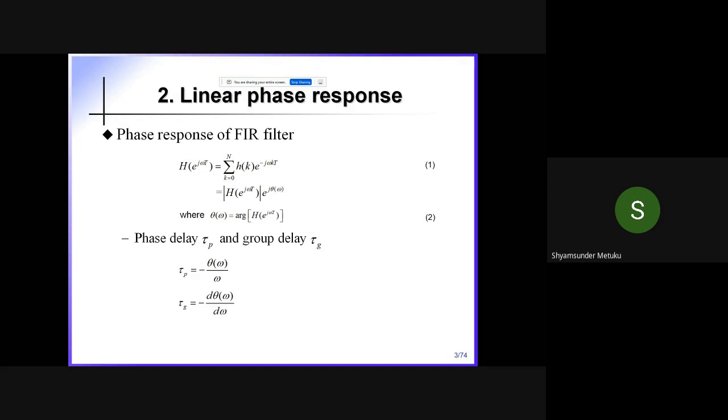The DFT equation will be X of k equals summation over n equals 0 to N minus 1, x of n, e power minus j 2 pi by capital N into nk, isn't it? Yes, sir. But here you can see, DFT is a direct transform or a derived version of DTFT.